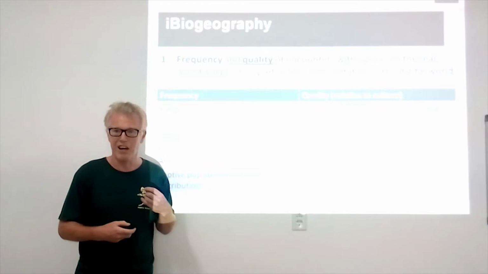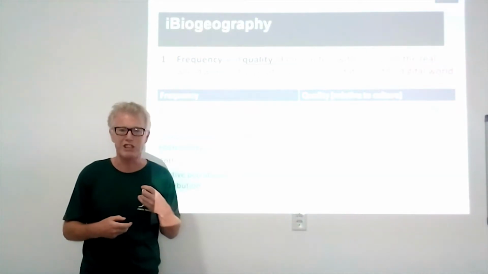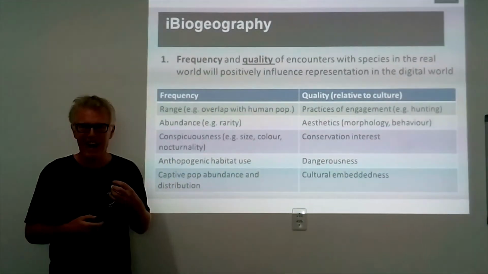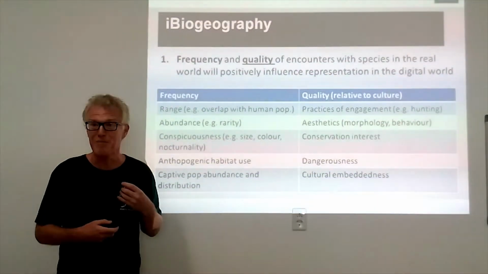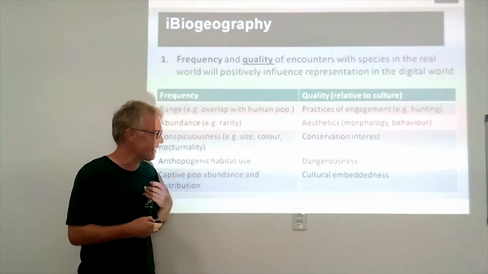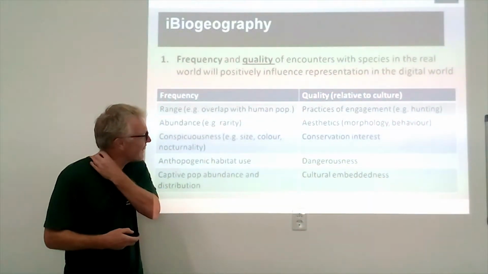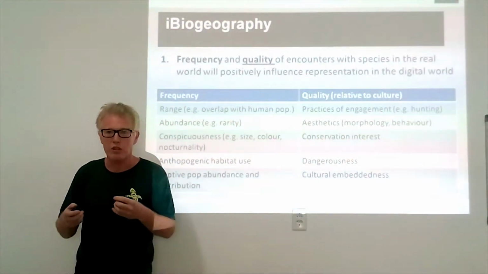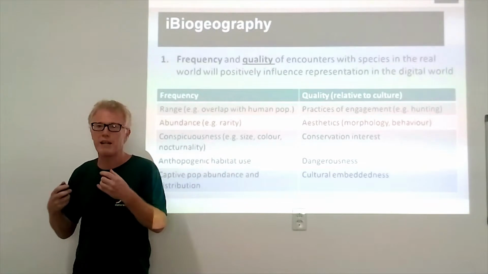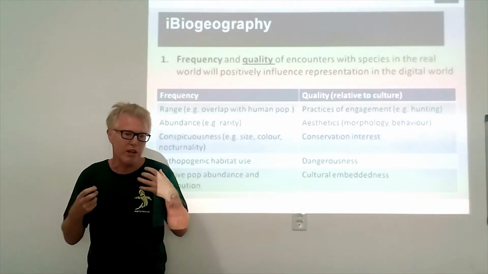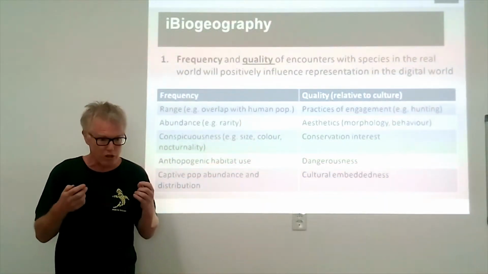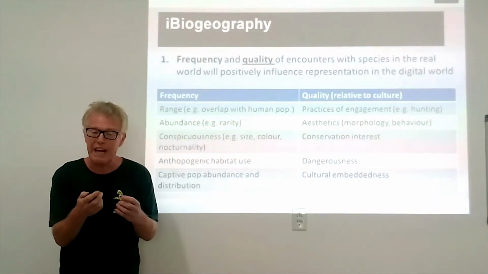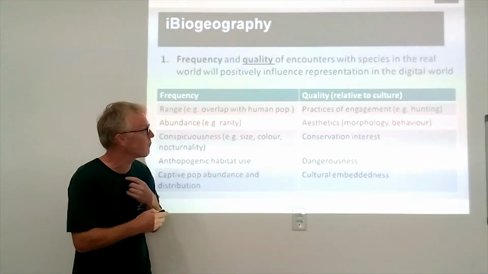Dangerousness. I had an invasion of tarantulas last week in my house. That certainly left an impression on me. It was a certain quality of experience. And cultural embeddedness: species that we know about, that we've heard lots of stories about, that we have a strong mental model of. This is going to be the sort of species that, when we encounter them, is going to leave a lasting impression.